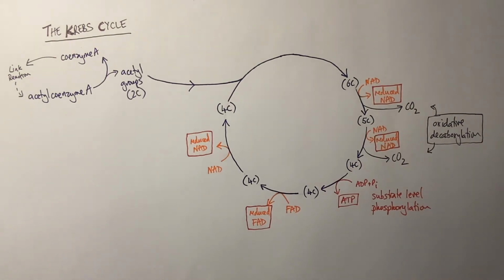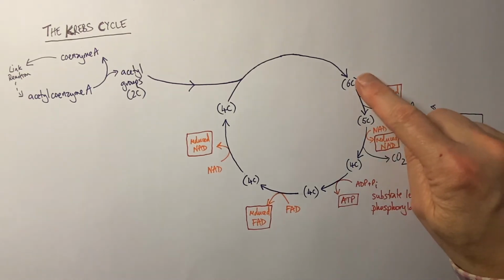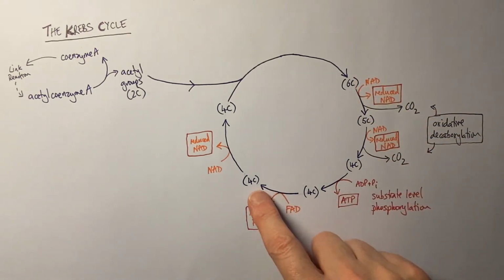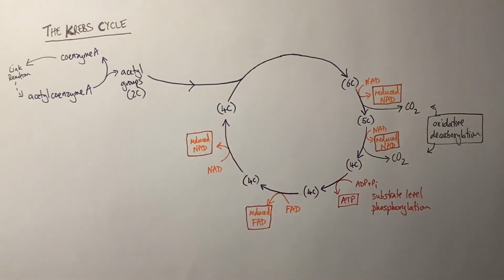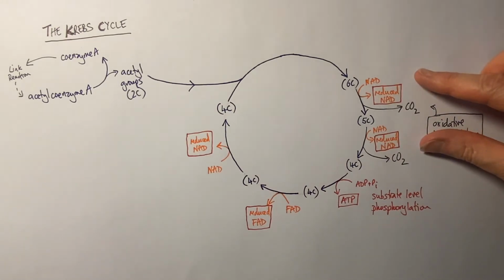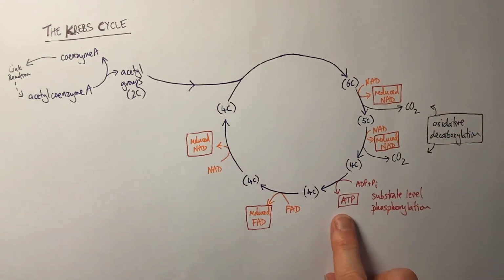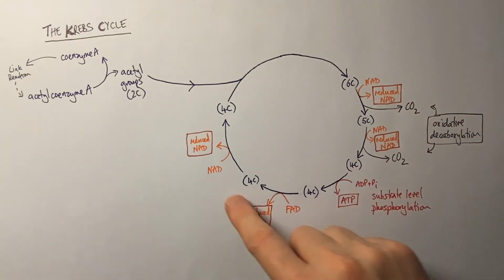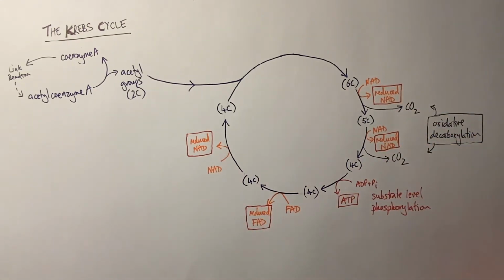Now, you don't need to know the names of any of the processes involved, of the molecules involved in this process. You do need to know the number of carbon atoms that are present, and that this is oxidative decarboxylation, this is substrate level phosphorylation, and these other processes involve the removal of hydrogen.